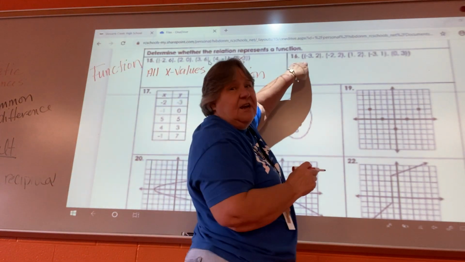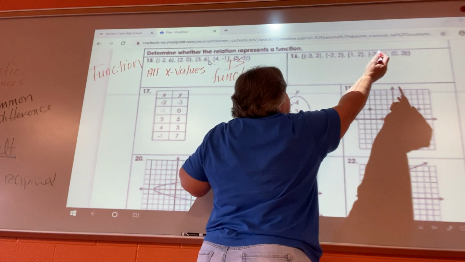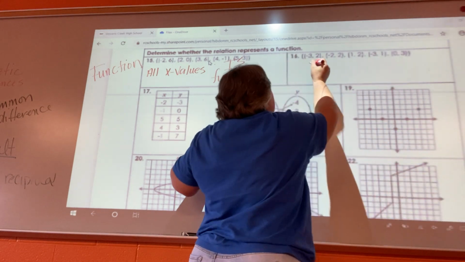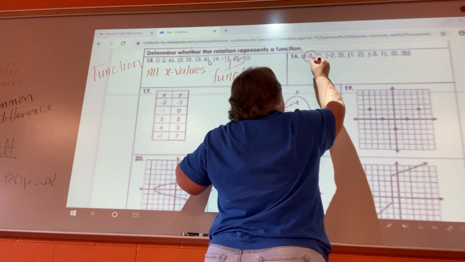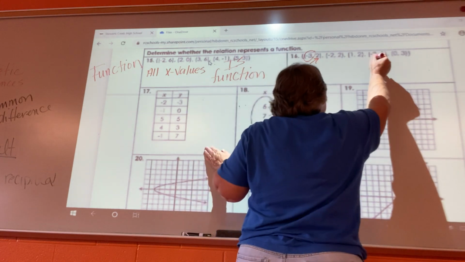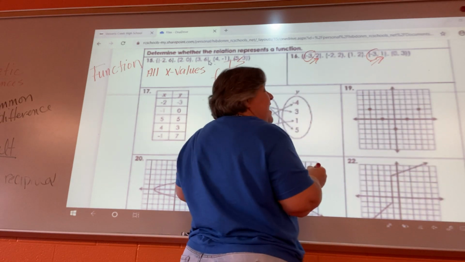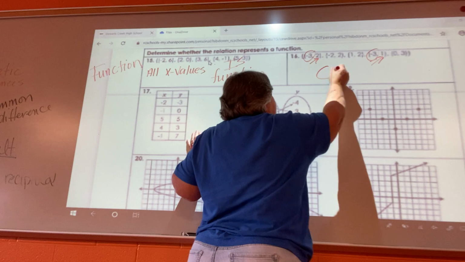All right, let's look at this one. You got -3, -2, 1, -3, and 0. Well, right here, this -3, the input has an output of 2. This input has an output of 1. You can't do that. That's a no-no.